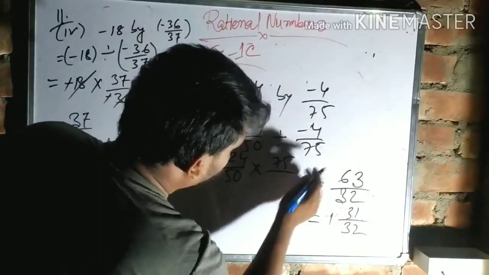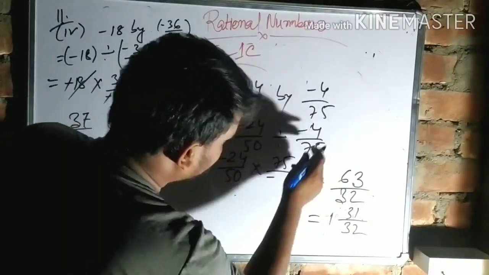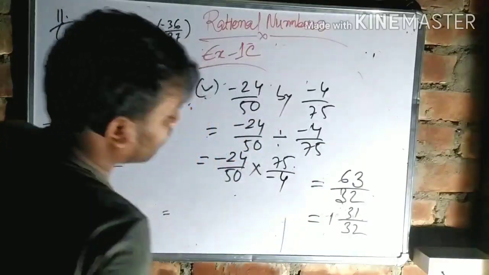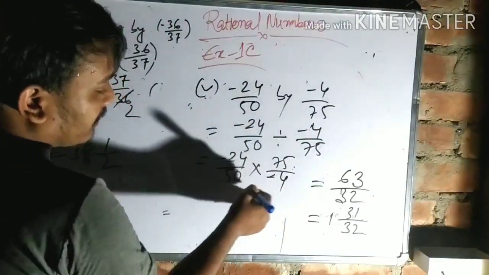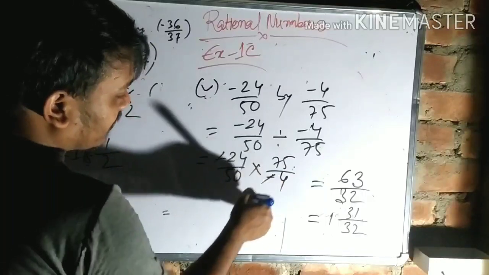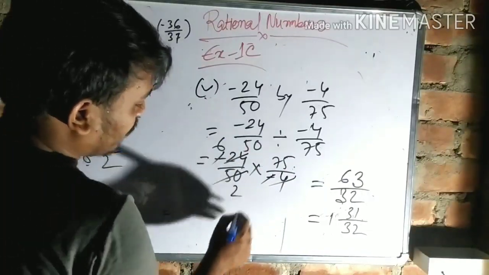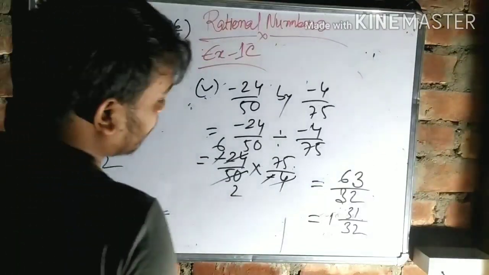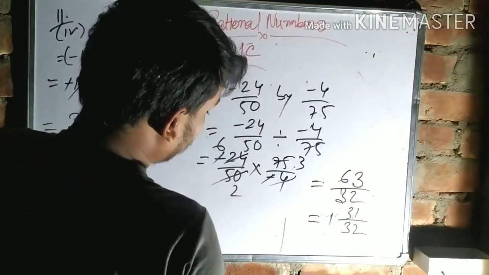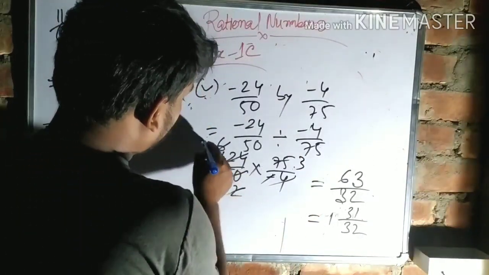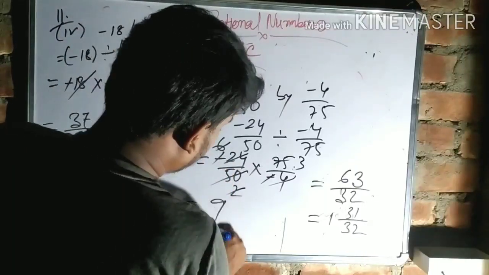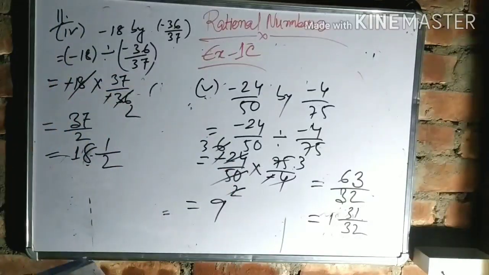So only by interchanging numerator and denominator. So minus minus will cancel, and 4 and 6, 2, 25 and 50, 2, 3 and 2, 1, 2, 3 is 6. So what is the answer? 9. Okay.